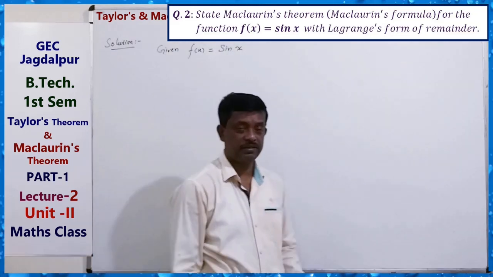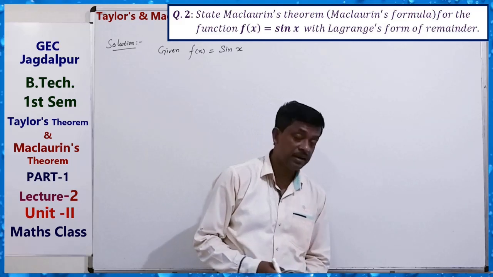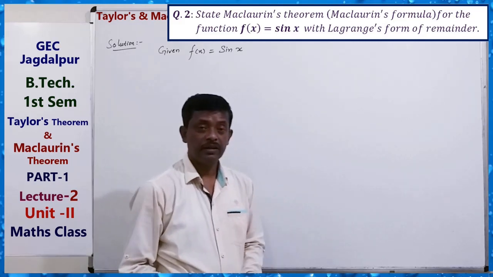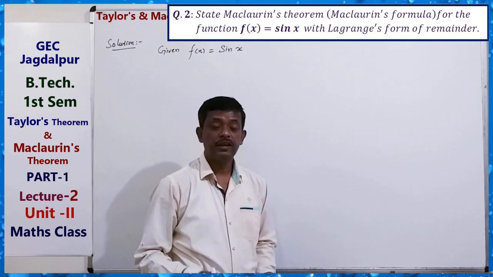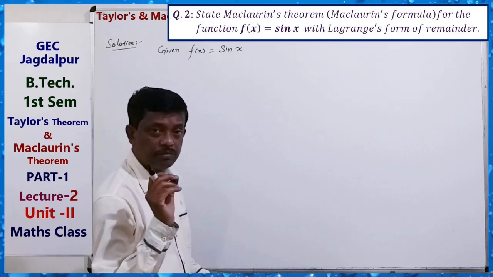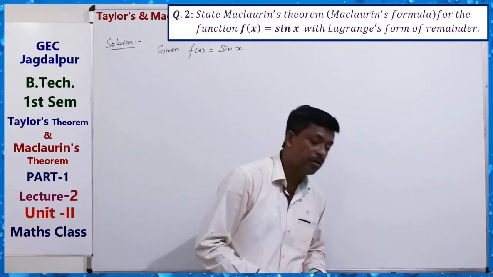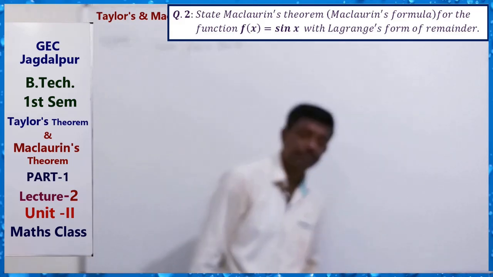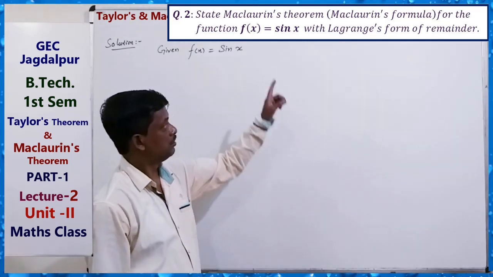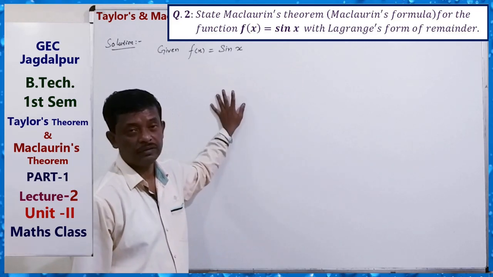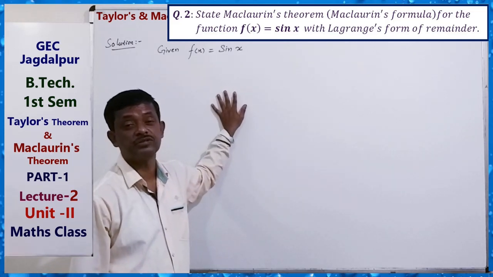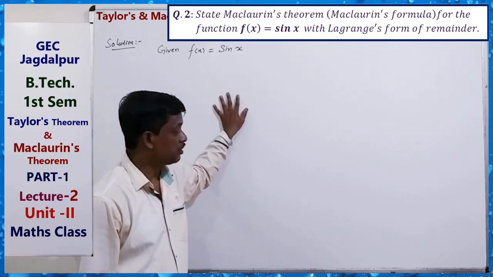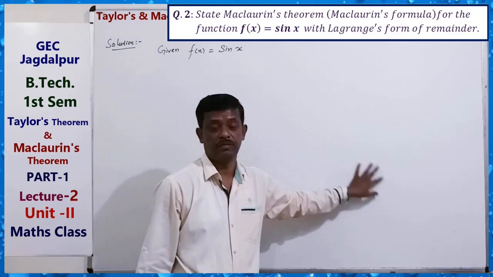Just we have to write Maclaurin's theorem for the function f(x) equal to sin x, with Lagrange's form of remainder.